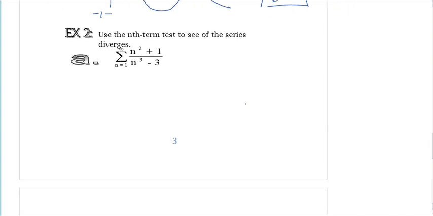So let's take a look at example 2. Alright, it's getting a little bit more interesting here. Now if I set the limit using the nth term test as n approaches infinity of n squared plus 1 over n cubed minus 3, remember this is the case where we just look at the highest degree, and the highest degree here is in the bottom.